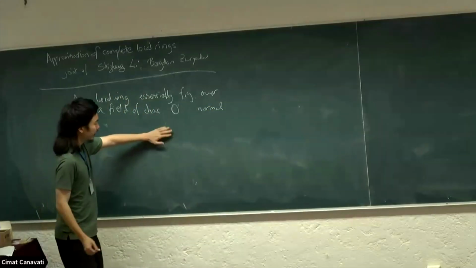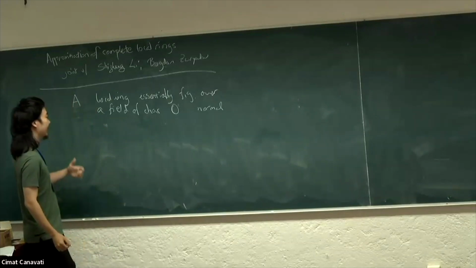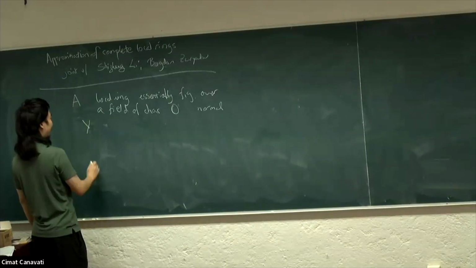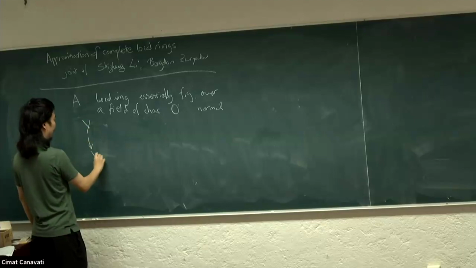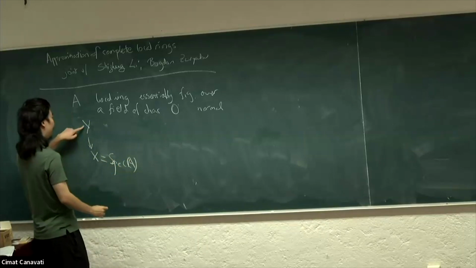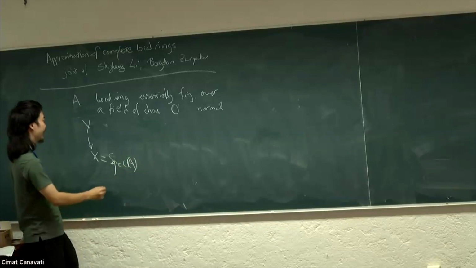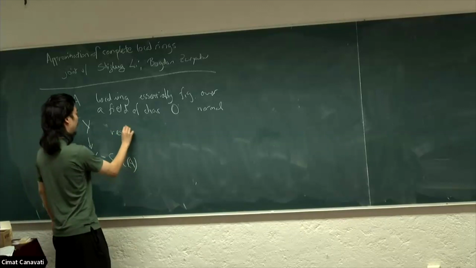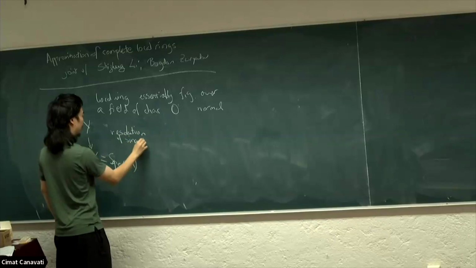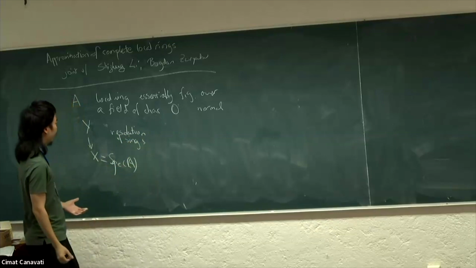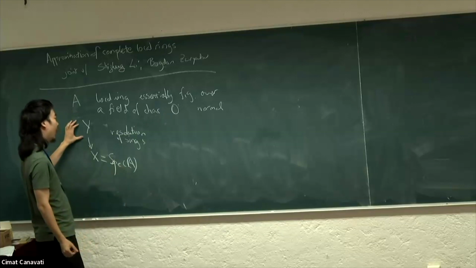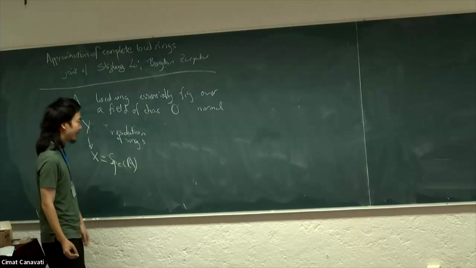So what you would do to detect the singularities of A, just generally speaking, you take a resolution of singularities of Spec A. So X is Spec A, and Y is a resolution of singularities. And you can say a lot of things about the singularity of A using one or an arbitrary resolution of singularities.